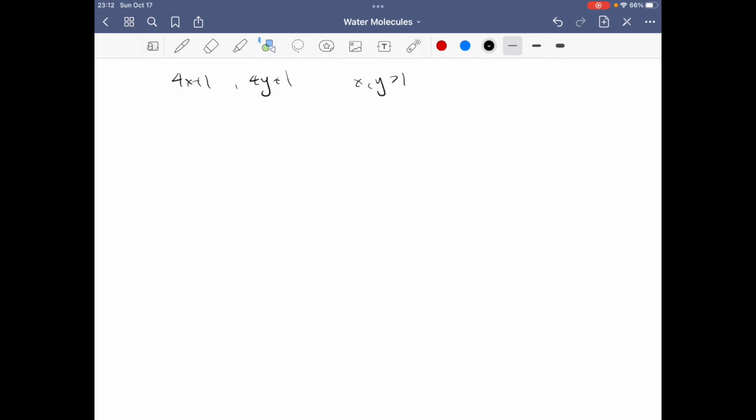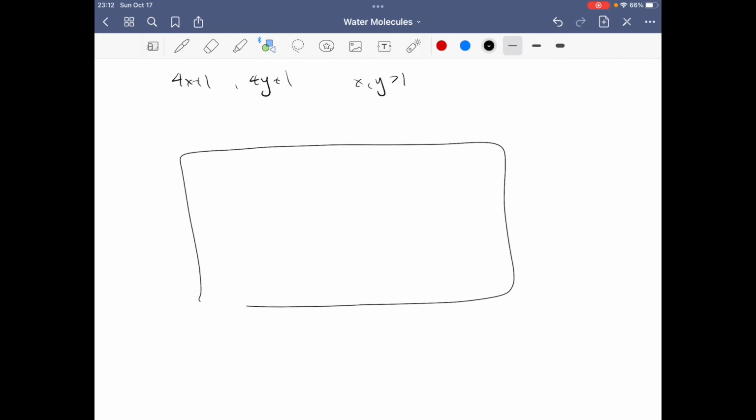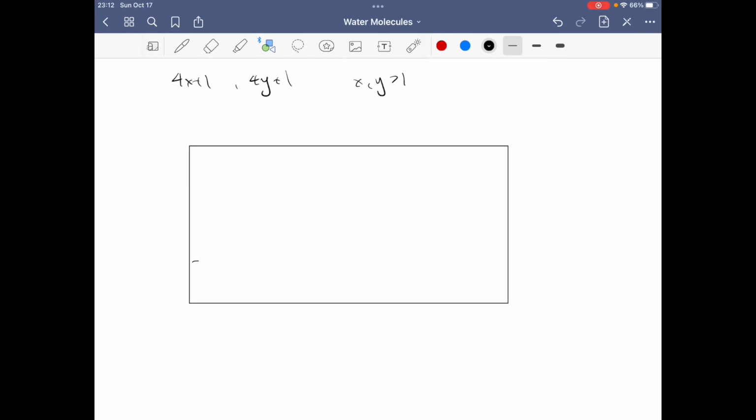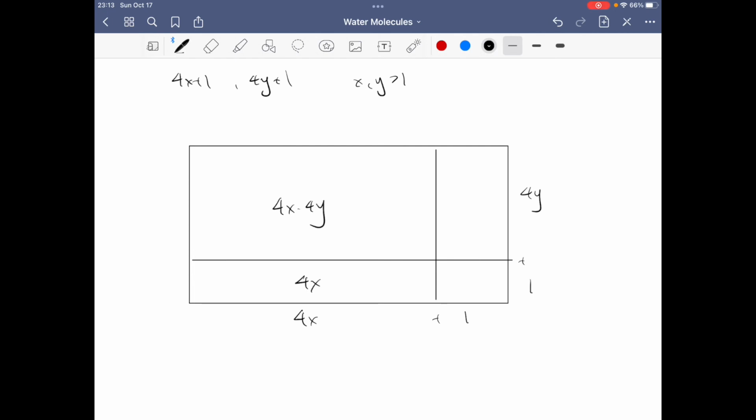So let's draw a rectangle really quick, and let's divide this up like this. Let's call this 4x plus 1, and 4y plus 1. Now, these boxes are going to multiply. So right here, it's going to be 4x times 4y. And this will be 4x because it's times 1, 4y, and this is 1.